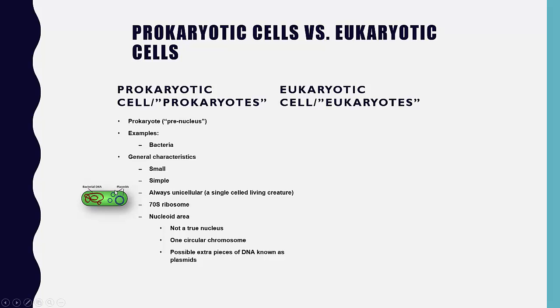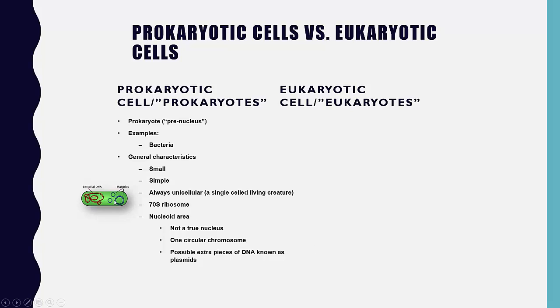These are called plasmids. Can they live without plasmids? Technically, yes. Plasmids are extra little pieces of DNA. They're also circular, and they would fool you into thinking this is a chromosome because they're real DNA structures. It's a double helix, just like all DNA, but they're small and they carry extra pieces of DNA.